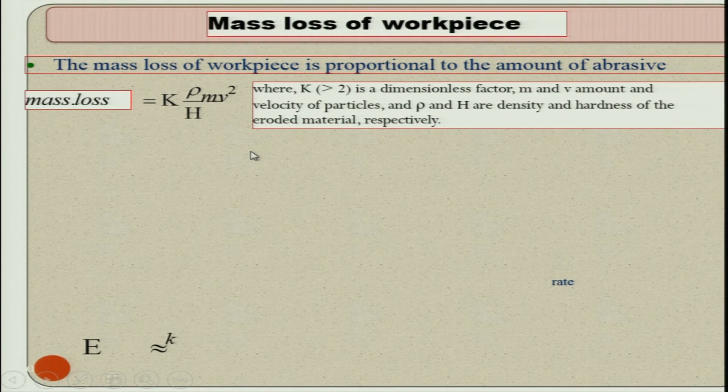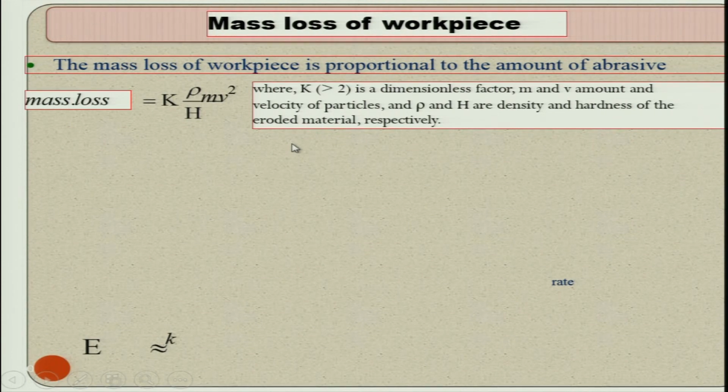K is normally a constant, a dimensionless factor. m and v are the mass and velocity of the abrasive particles, rho is the density of the abrasive particle, and h is the hardness of the eroded workpiece material.